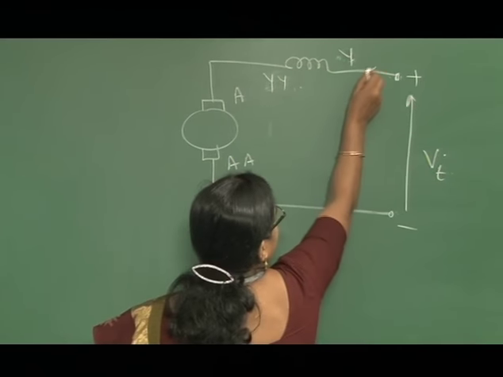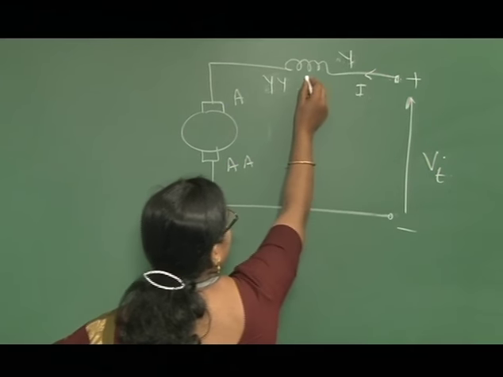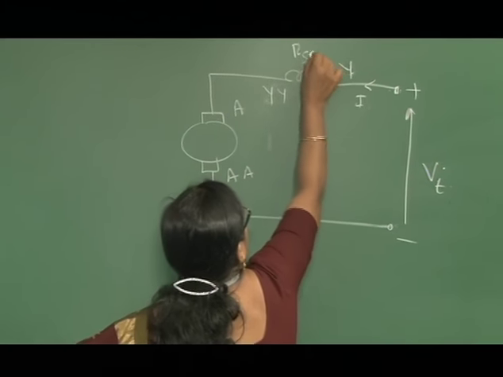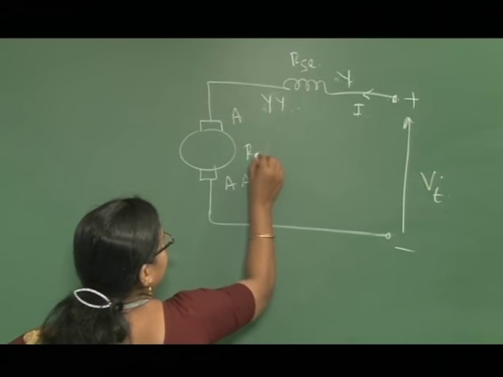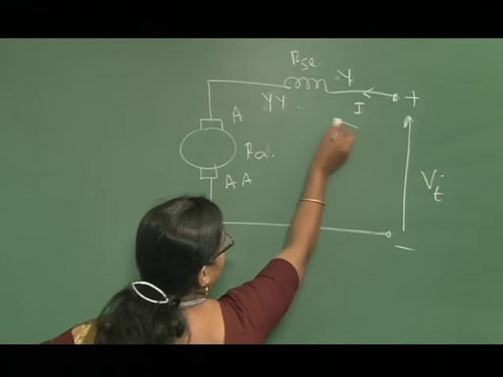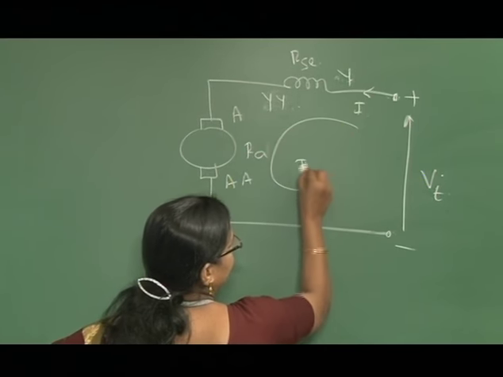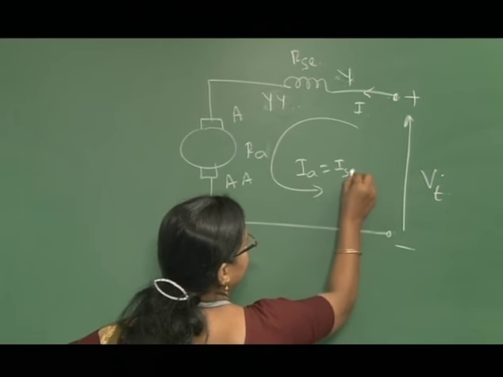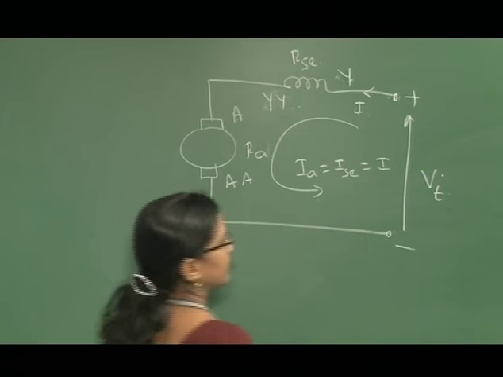So, current is going to supply in this sense. The series coil is connected in series with the armature. Current Ia is equal to Isc, that is equal to supply current I.